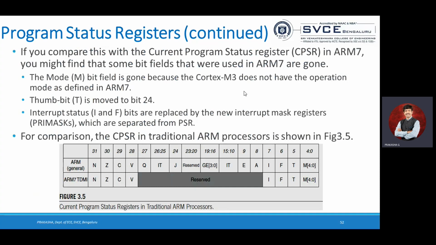In ARM7, we had a special bit called the mode bit, M. There are 7 modes: user mode, system mode, supervisor mode, interrupt mode, fast interrupt mode, error mode, and exception mode.